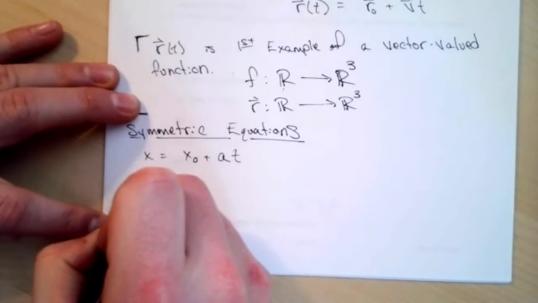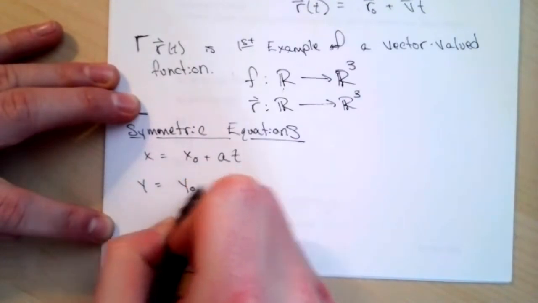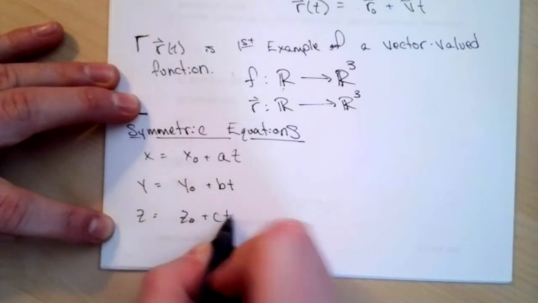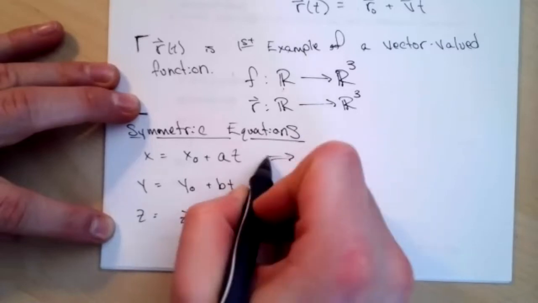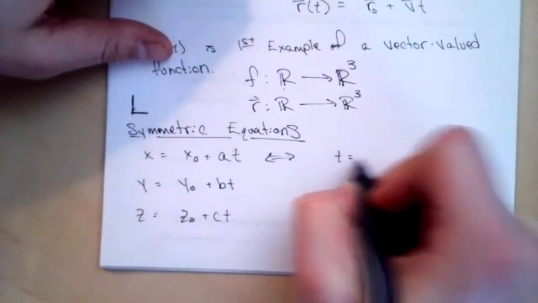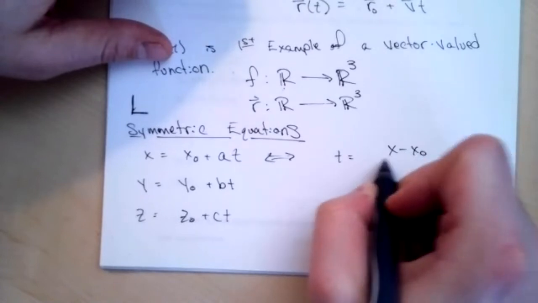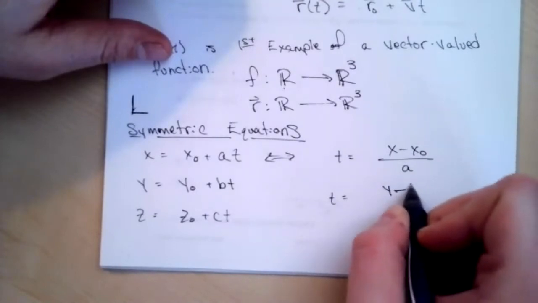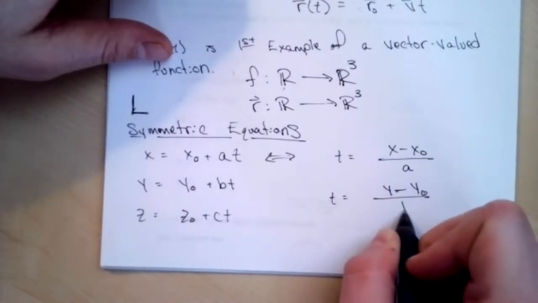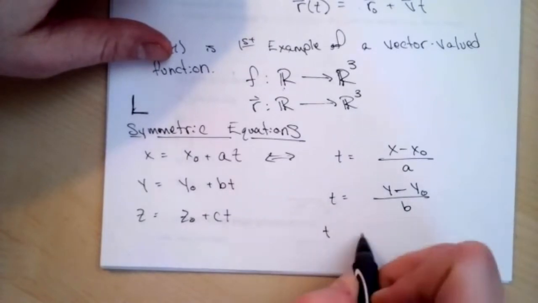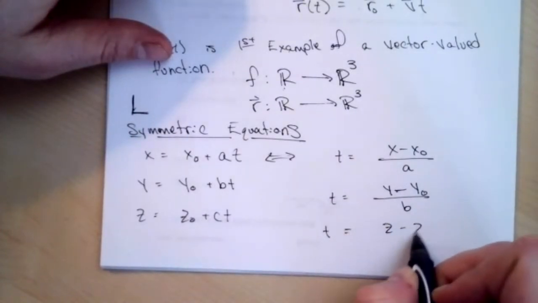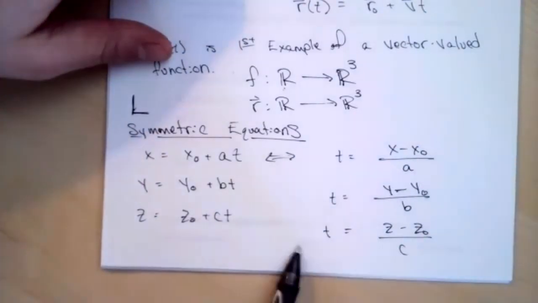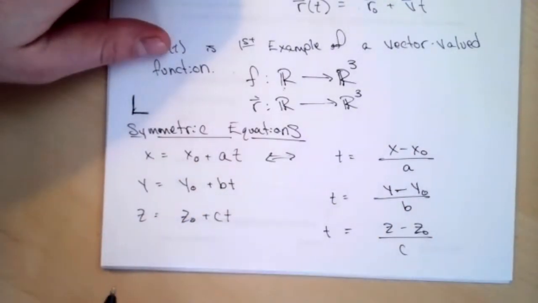So if we have our x, our y, and our z, if we solve each equation for time, what we're going to get are a system of equations that we can then set equal to each other. Since all of these equations, or at least the right side over here, are all equal to time, then I can set each of those equal to each other.